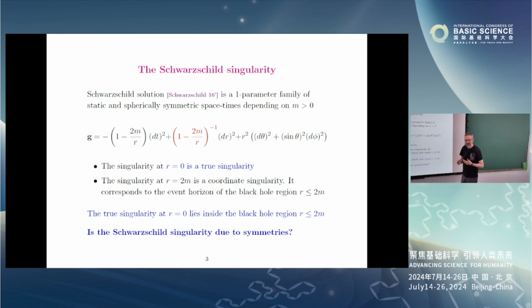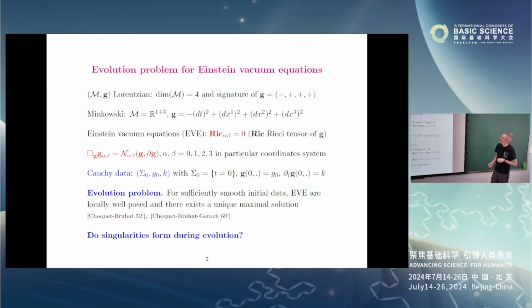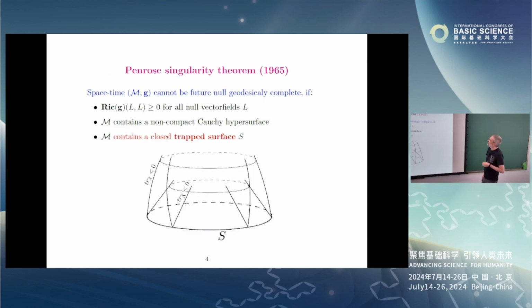It was due to the fact that Schwarzschild has lots of symmetries. It's both spherically symmetric and static. And in fact, it was realized in the remarkable work of Penrose that this is not at all the case. The Schwarzschild singularity is something of a much more general phenomenon. It has nothing to do with symmetries.